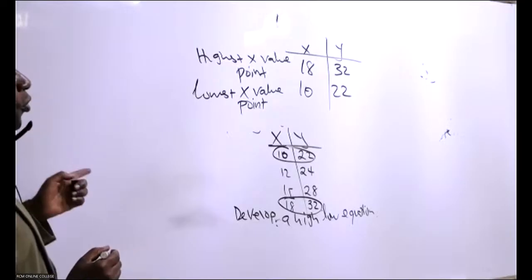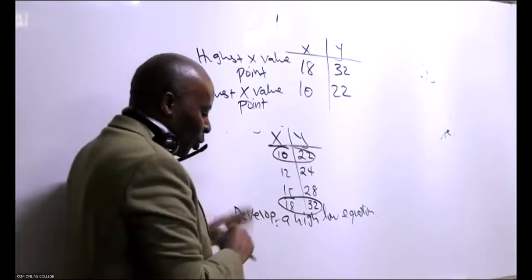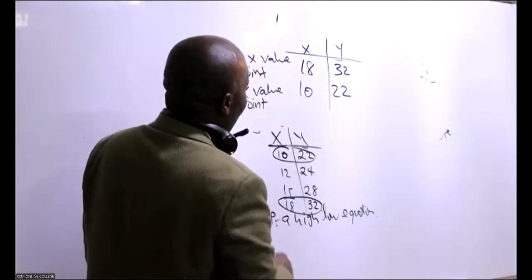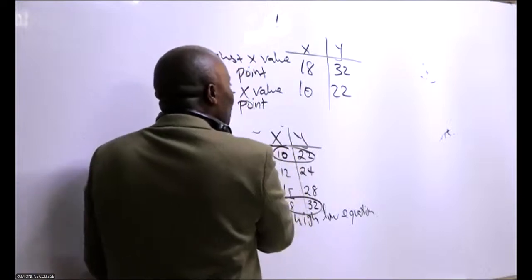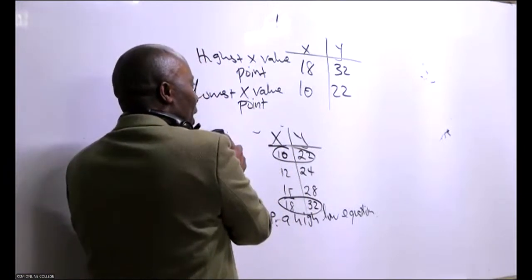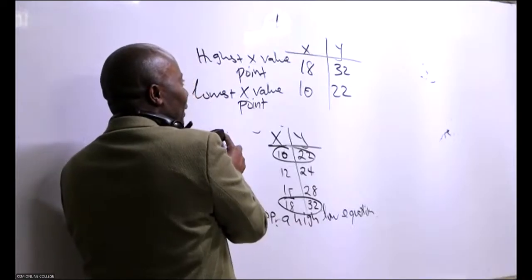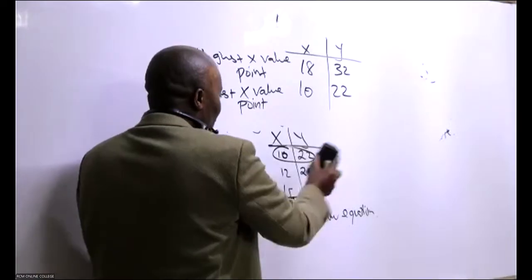The way to learn is to participate. You give us answers. So long as you're talking to me all the time, you'll be able to pick this very easily. So now you've selected the two levels of activity needed: the lowest x value point and the highest x value point. Two points only; you leave out the others.